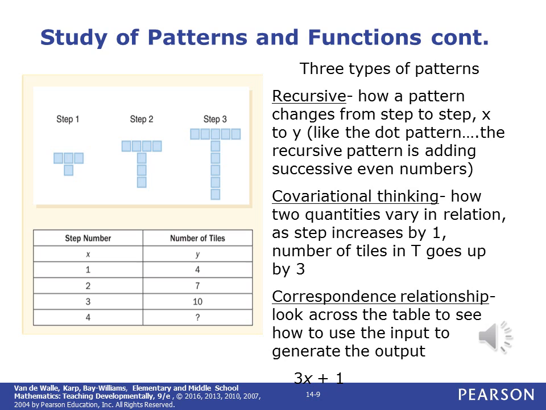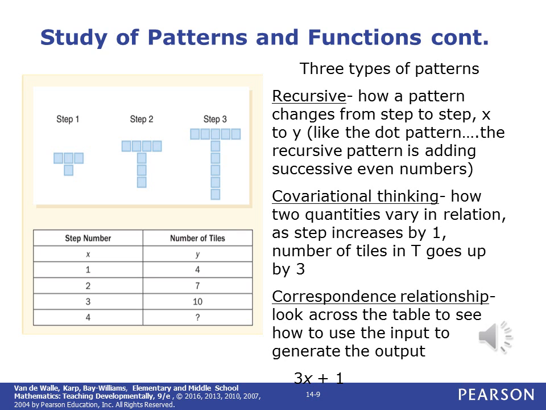If you look at this table, this is going to tell you how the number of input is related to, or corresponds to, the number of output. And tables are an excellent way to show how an input and output variable correspond to one another.